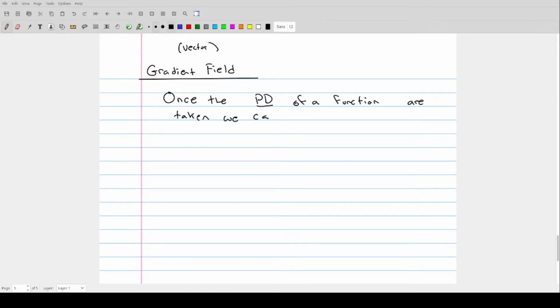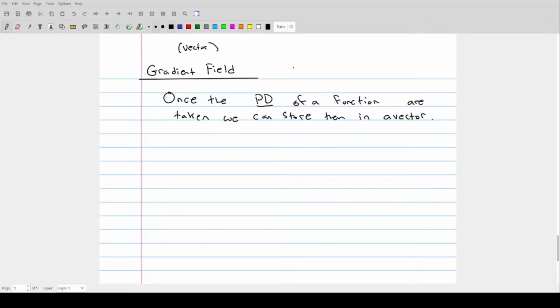we can store that information in a vector. This vector is called the gradient vector.